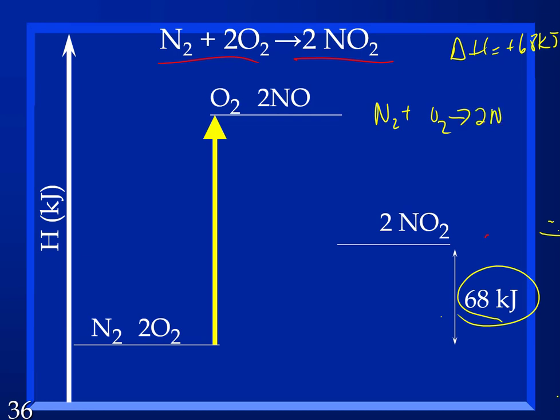And I know delta H for that is 180. Then I've got a second equation where the two NOs react with an O2 to make two NO2s.